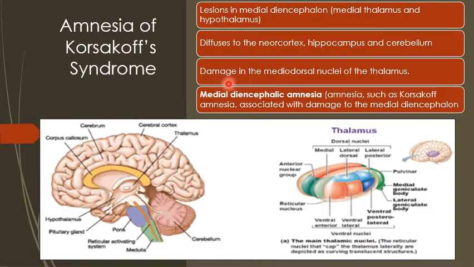Particularly damage in the mediodorsal nuclei of the thalamus. So this is a closer picture of the thalamus, and this is the dorsal nuclei, and specifically medial. So this part here is where the damage occurs. Hence, it is called medial diencephalic amnesia, or amnesia such as Korsakoff's amnesia associated with damage to the medial diencephalon.